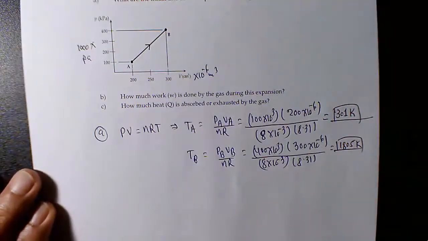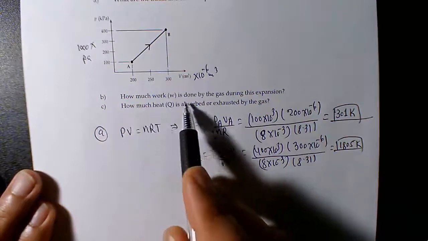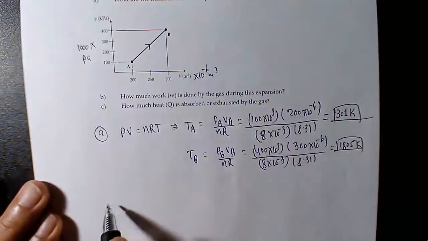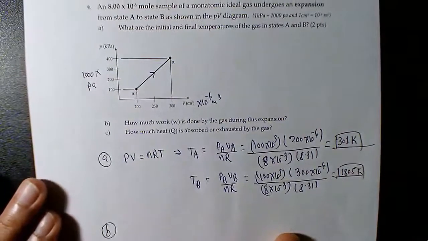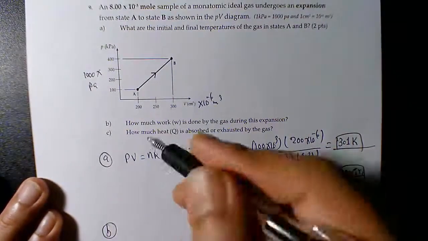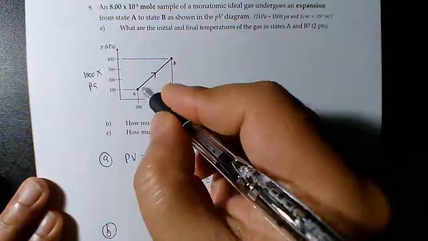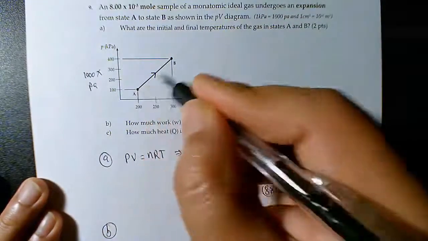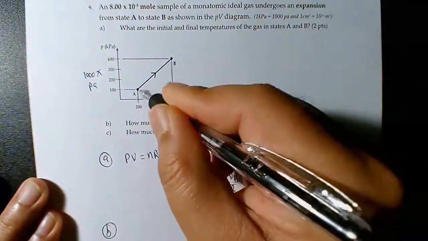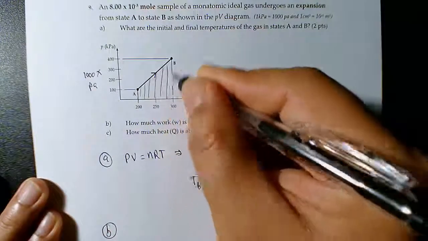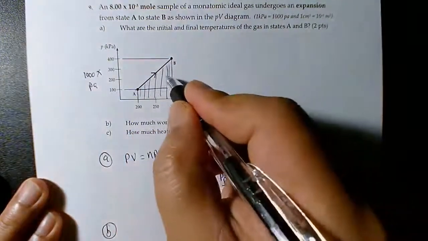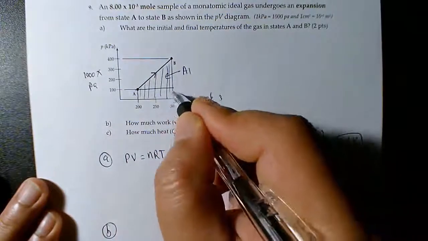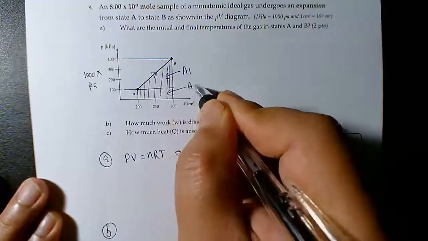So the next question is, how much work is done by the gas during this expansion? Again, in general, for any thermodynamic process, the work done by the gas is just the area under the curve. You need the whole area under the curve. And now you can split it into two: area of a triangle, let's say A1, and area of a rectangle, A2.